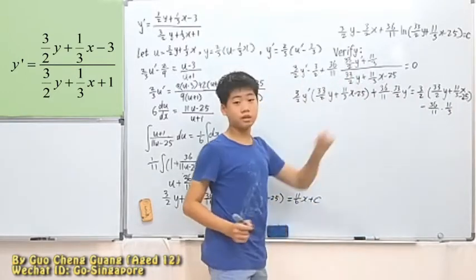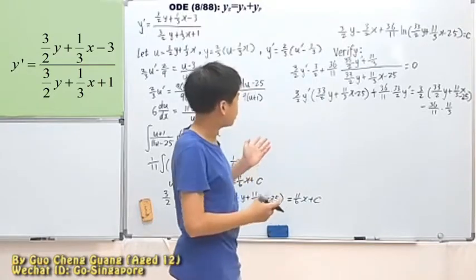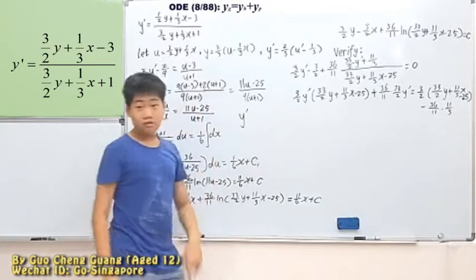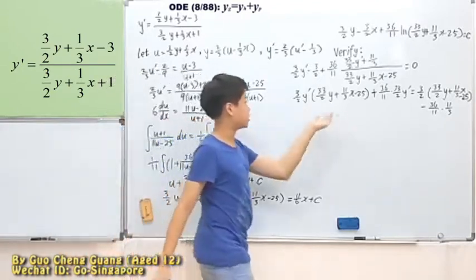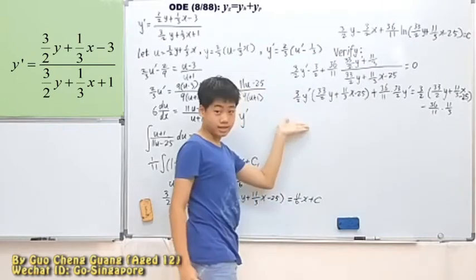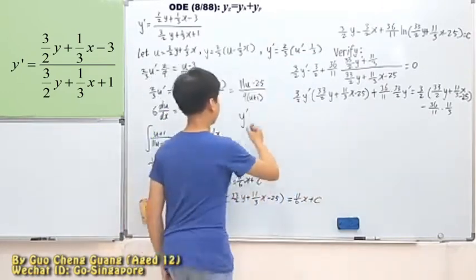Then continue simplifying. You can take out y prime, since all the terms on the left hand side have y prime.